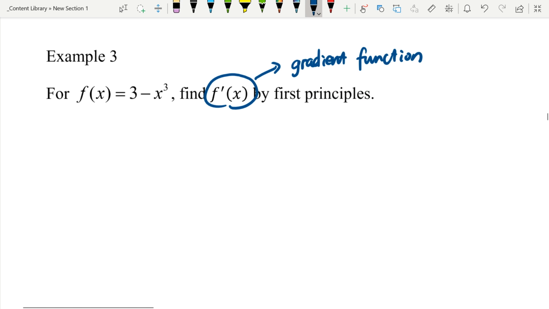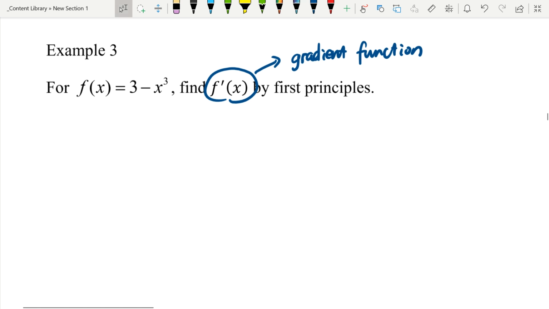What is the gradient of f(x) at any value x? So it's a gradient function. You will definitely have questions on first principle for this test. You need to know how to use first principle to work out f dash x.